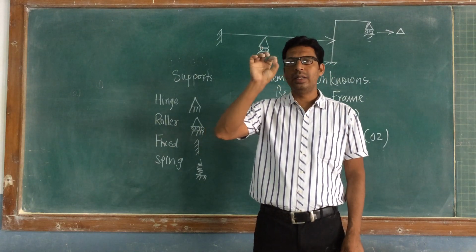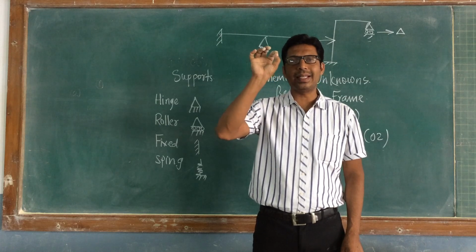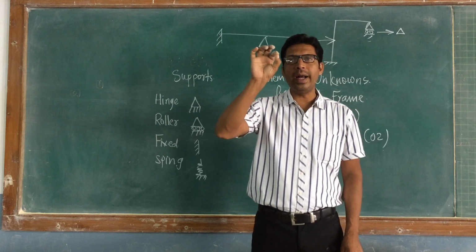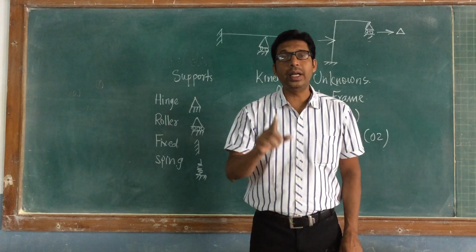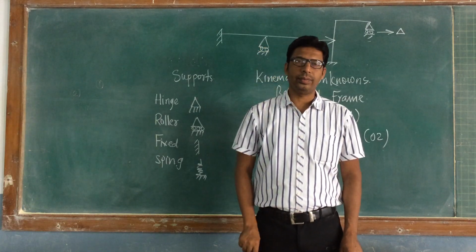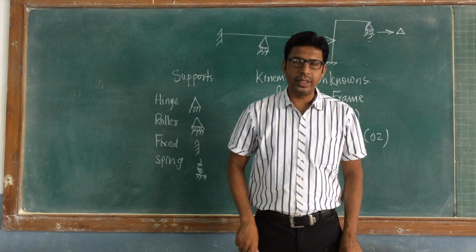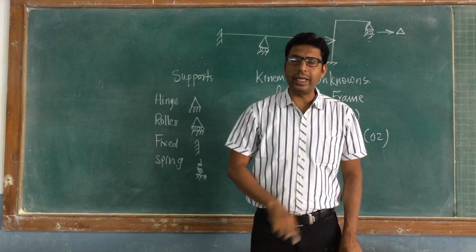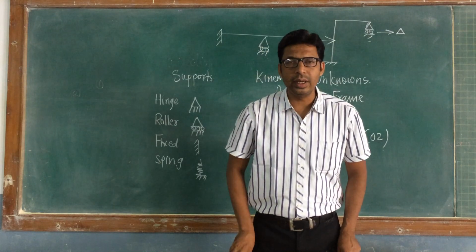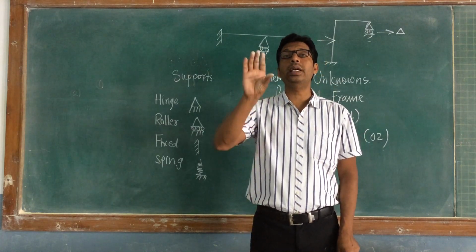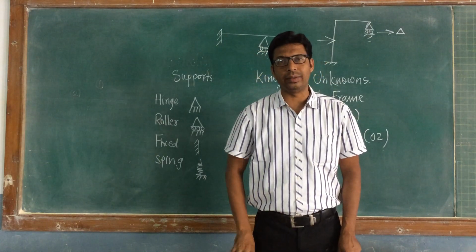Compress means the point where the spring is connected can move vertically downward because of vertical deformation of the spring. It means, though it behaves like a simple support, there is a vertical displacement, which is nothing but vertical compression of the spring.